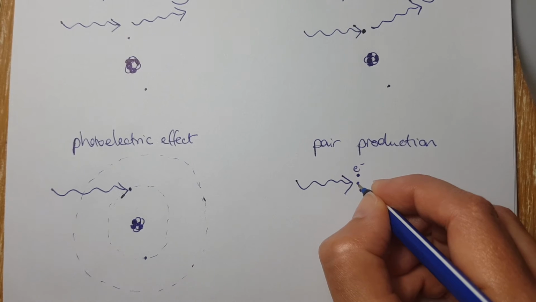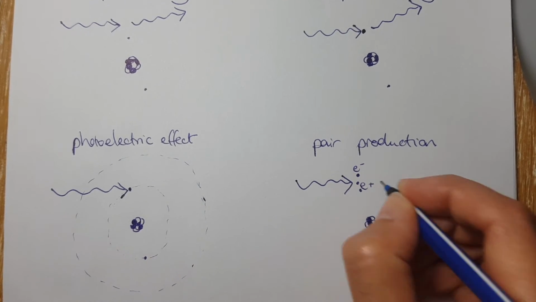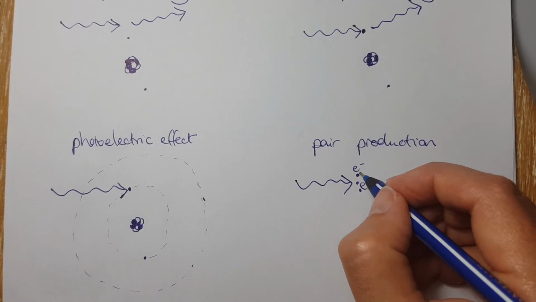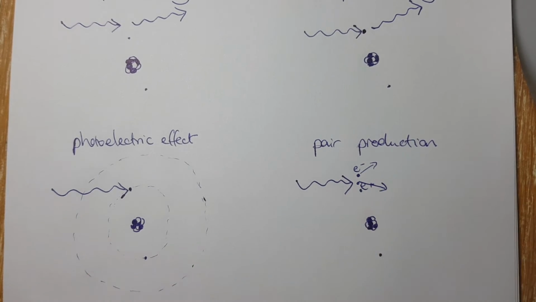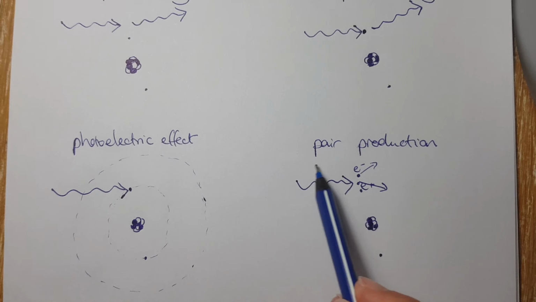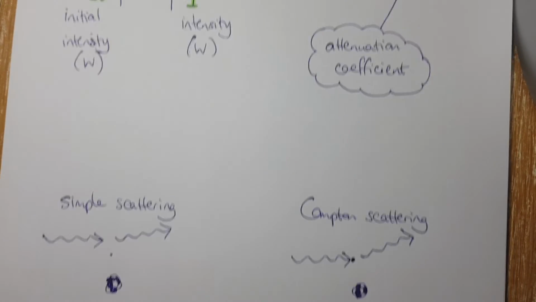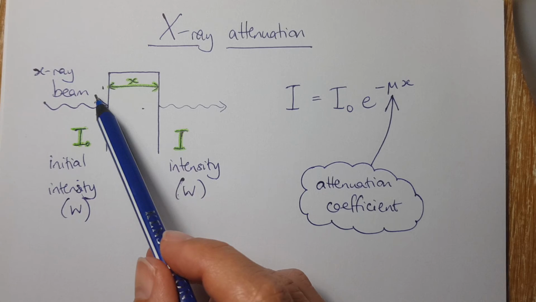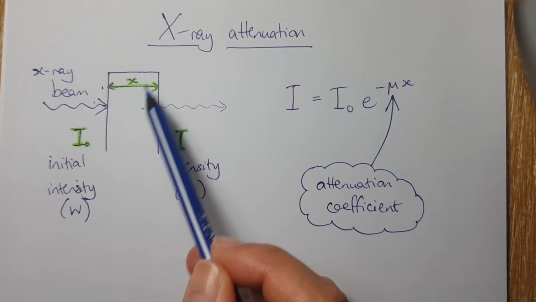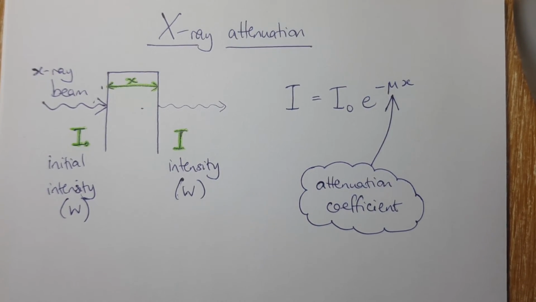So there's a new electron and a new positron created, and off they go. So we've created an electron-positron pair from the energy that was the X-ray. So those are our 4 mechanisms. These are the 4 ways that X-rays can be either absorbed or scattered out of the beam.